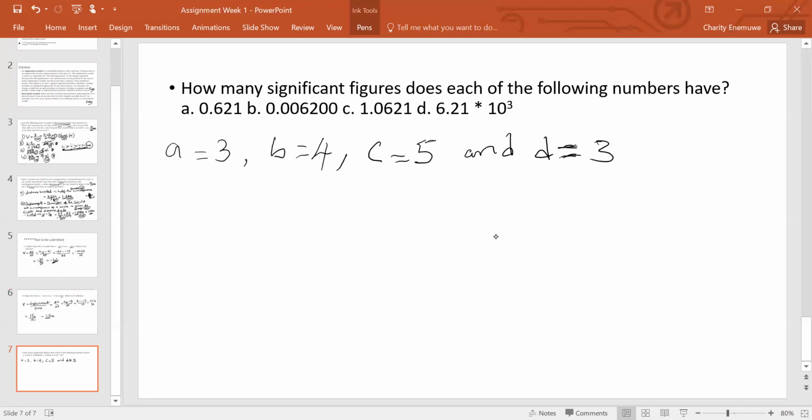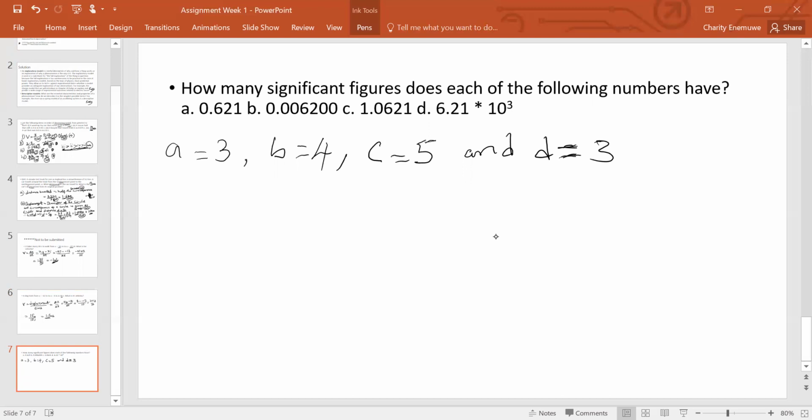Whenever we want to discuss significant figures, we want to keep 3 things at our fingertips: the trailing zero effect, the leading zero effect, and the decimal effect.